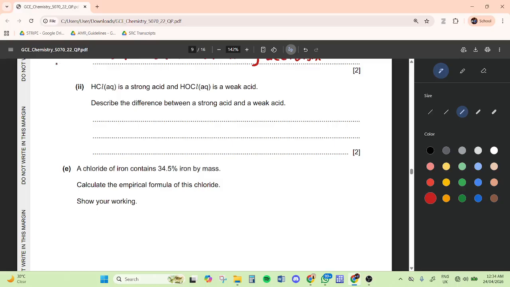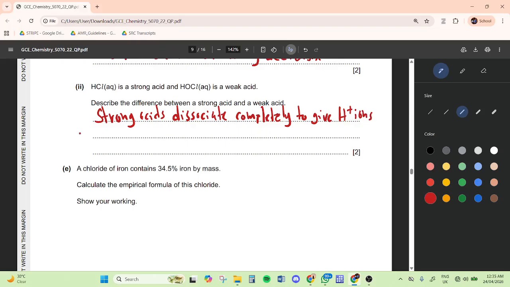Very simple, nothing too complicated. So you're going to write, I'm going to try and write this nicely. Strong acids dissociate completely to give H plus ions.